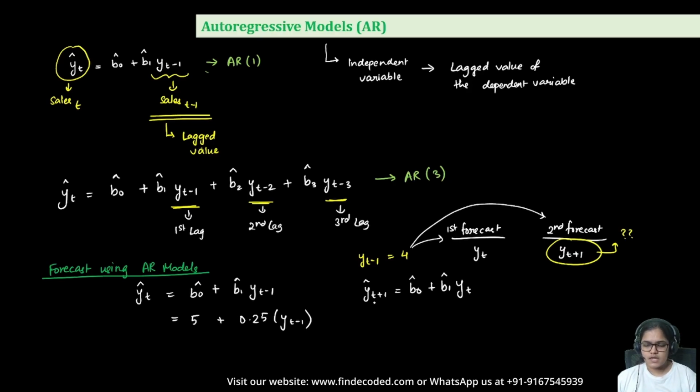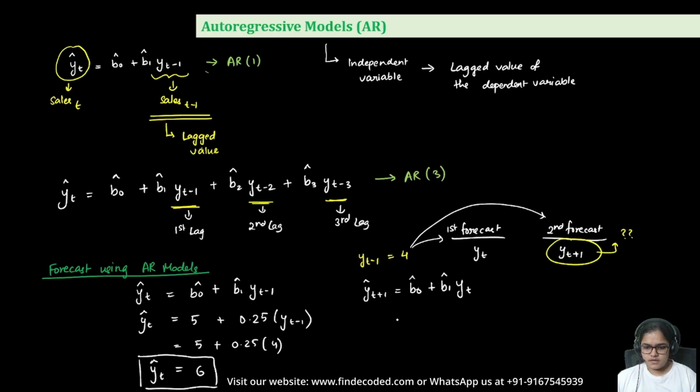If I want to forecast yt plus 1, I need first lag of that variable, because the first lag of that variable is my independent variable. So in this equation, I first need to find out the first lag. So first what I need to do is I need to find out what is yt. So 5 plus 0.25 into 4, okay, which is yt minus 1. So first of all, I calculate yt as 6.